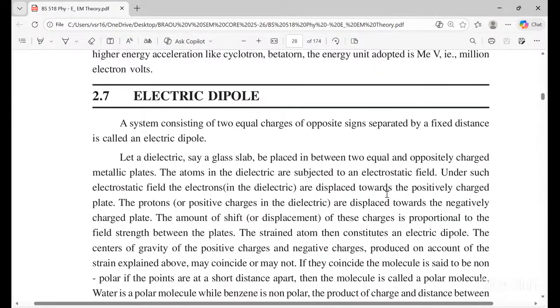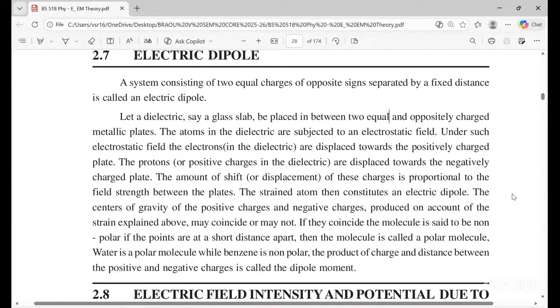So from the dipole, if you want to calculate the electric field as well as the electric potential V values, how does it come? Before that, you have to consider a dielectric slab. What do you mean by dielectric? Dielectric is nothing but an insulating material.